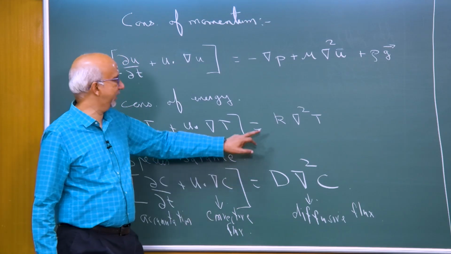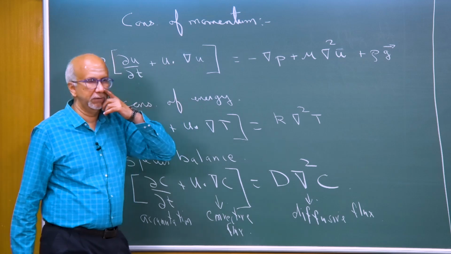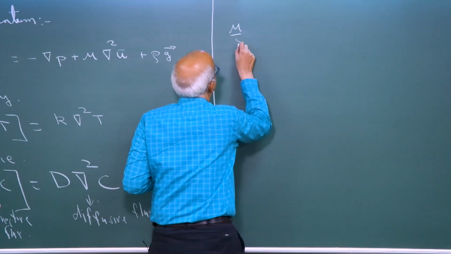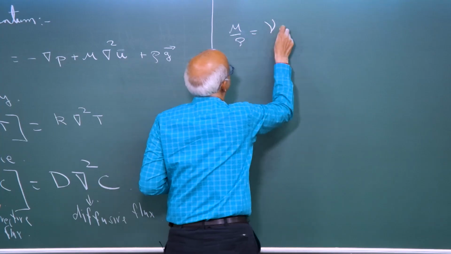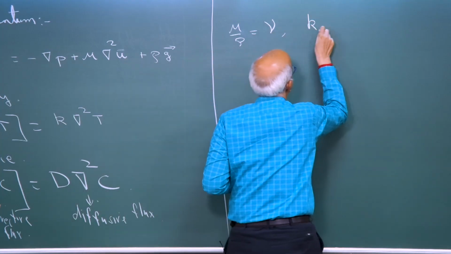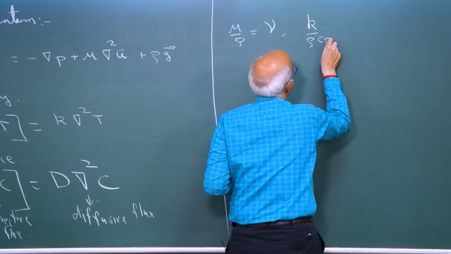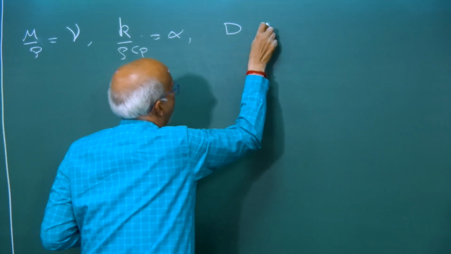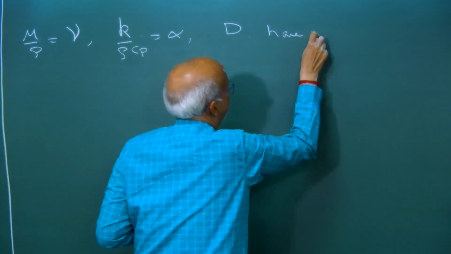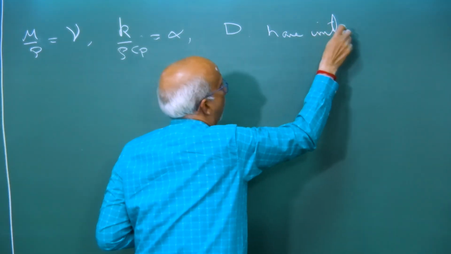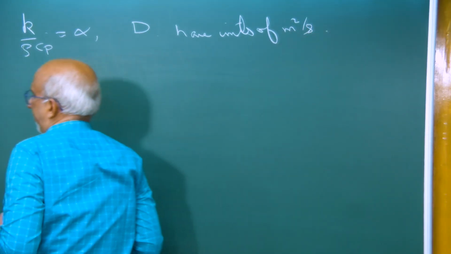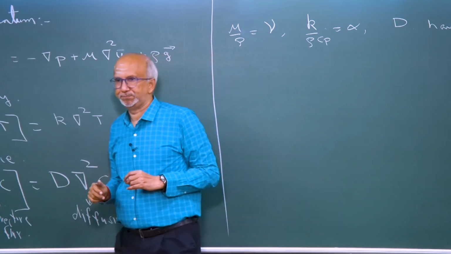So, basically all these are called diffusivity, okay. So, mu by rho is nu, k by rho Cp is alpha, and D have units of meter squared per second. Okay.